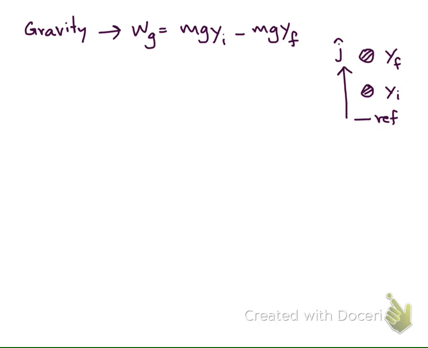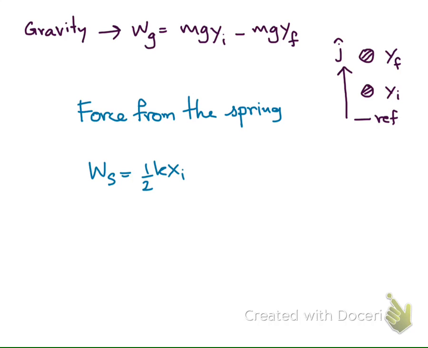For the force from the spring, the work done is equal to half of k xi squared minus half of k xf squared.